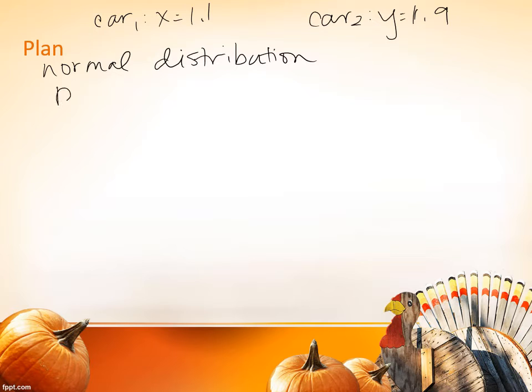So we need to find the difference of X minus Y and the difference of Y minus X, right? Because we want to do it in either direction. So if I do X minus Y, we have a difference of negative 0.8, and then here we have a difference of 0.8. So essentially, that's the difference that we're looking for.